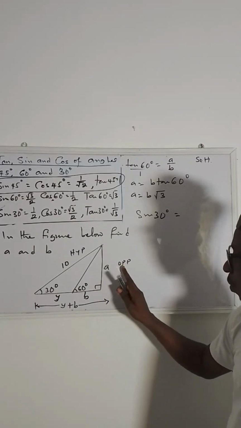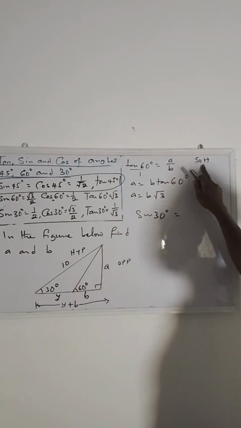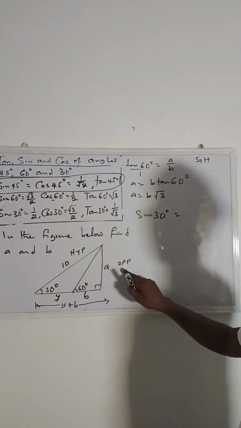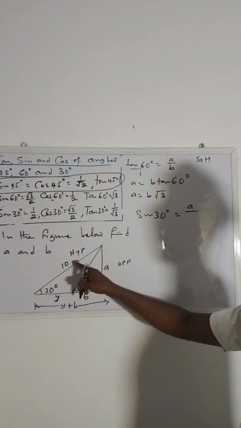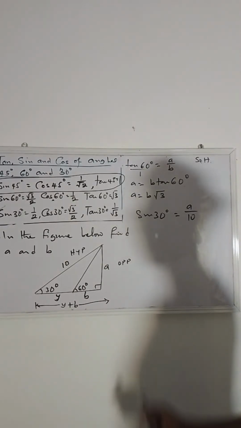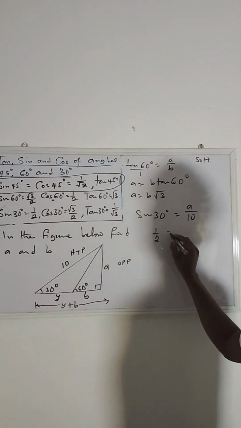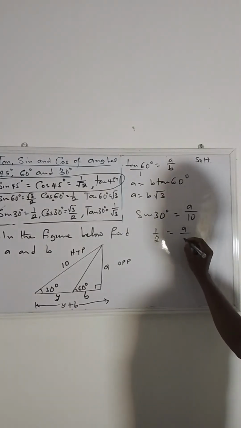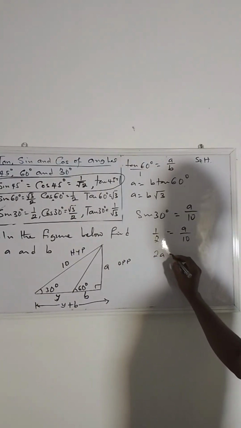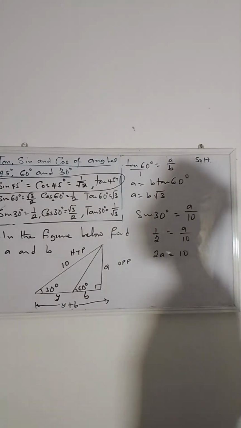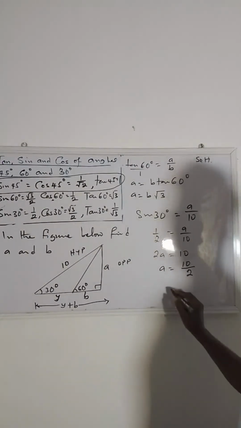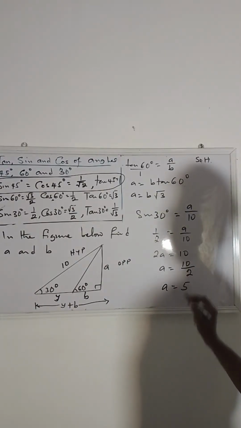So I'll have sine 30 equals opposite, that is A, over hypotenuse, that's 10. Don't forget sine 30 is the same thing as 1 over 2. So I have 1 over 2 equals A over 10. Let's cross multiply, so you have 2A equals 10, and then A equals 10 over 2. Then A equals 5.